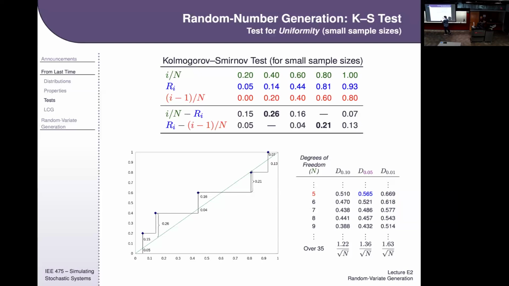And it's effectively taking differences here. In this case, if we look at this point, 0.05, it is 0.15 from the upper bound of this interval. It is 0.05 from the lower bound of this interval. You can see those numbers here, 0.05 and 0.15. Neither of those are very large, but we're going to keep track of both of those.